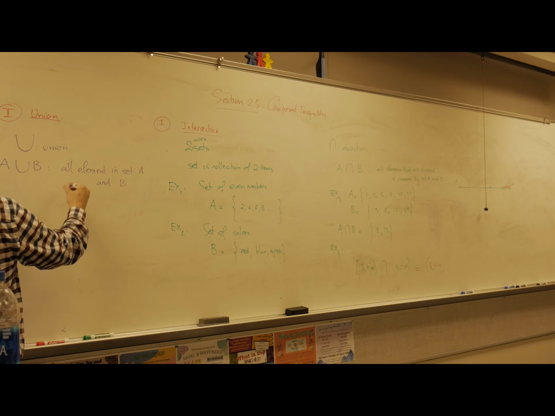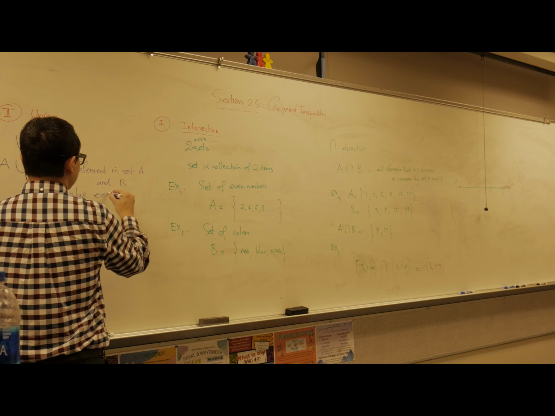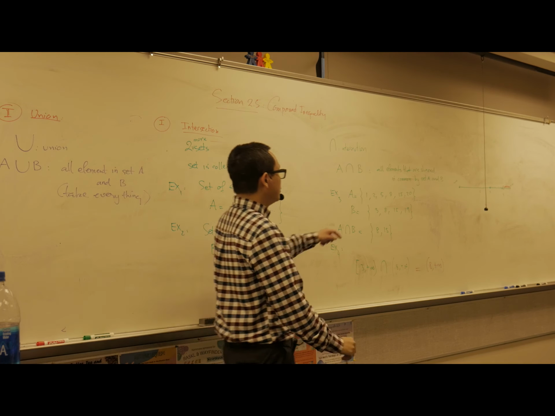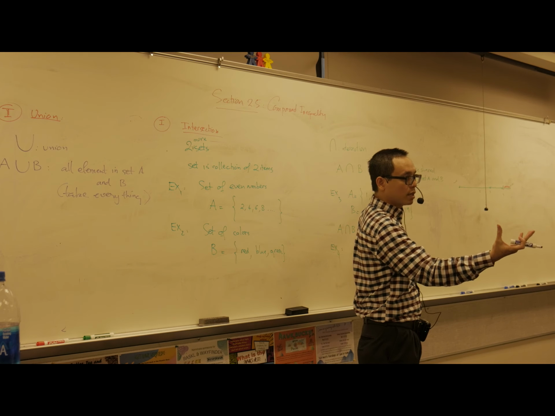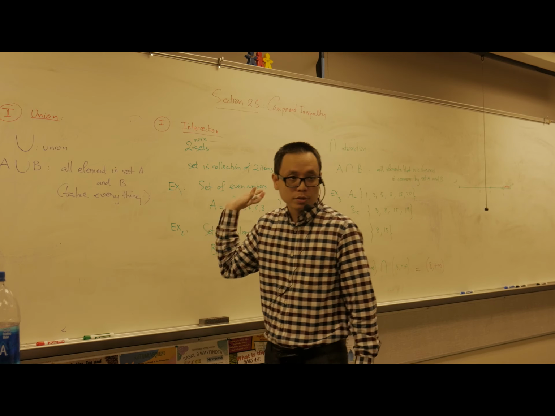This means literally you take everything. But over here, you just take something in common only. You take the part that is shared in common. For this one, you take everything.